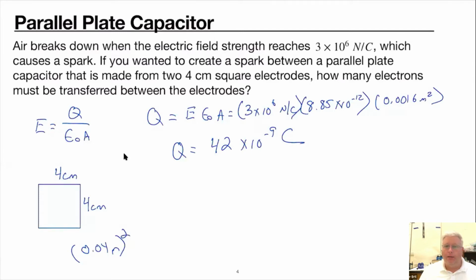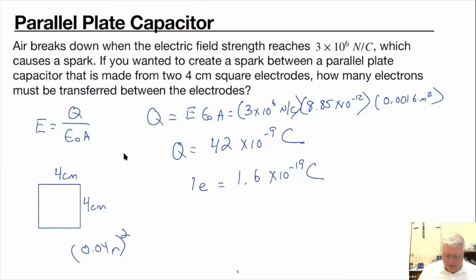And so we want to know how many electrons. Well, you can look this up, it's in your book, or probably Google it. The charge of 1 electron is 1.6 times 10 to the minus 19th coulombs. But we have 42 times 10 to the minus 9th coulombs. So how many electrons is this?